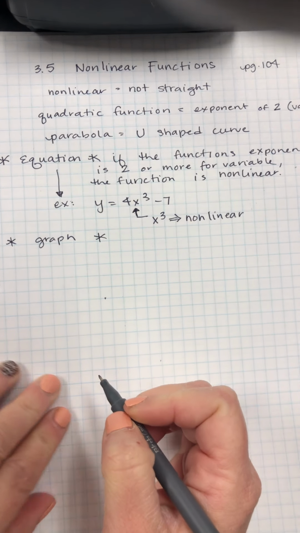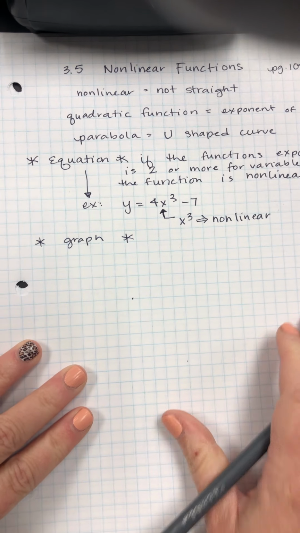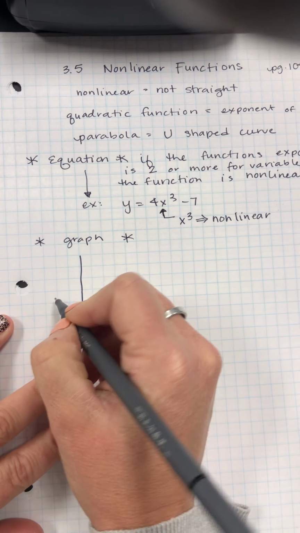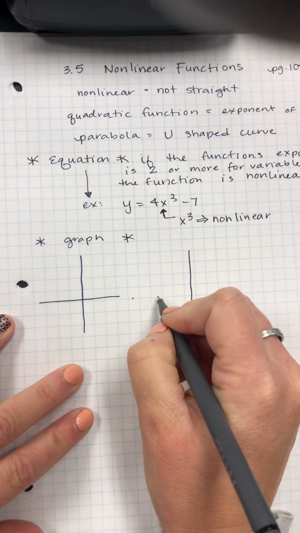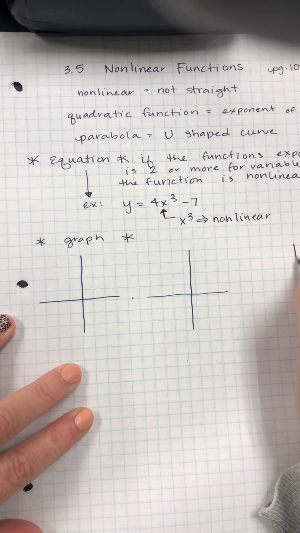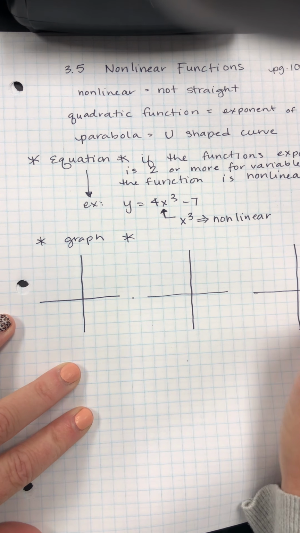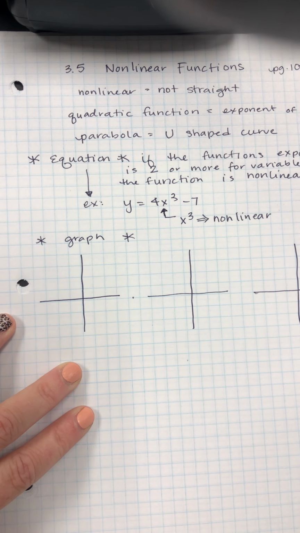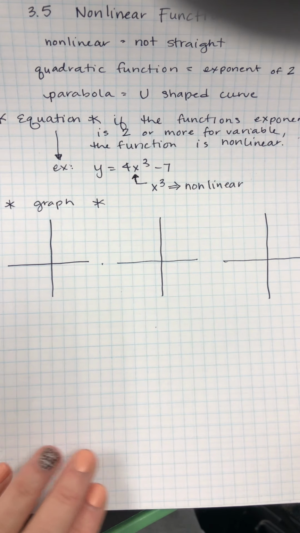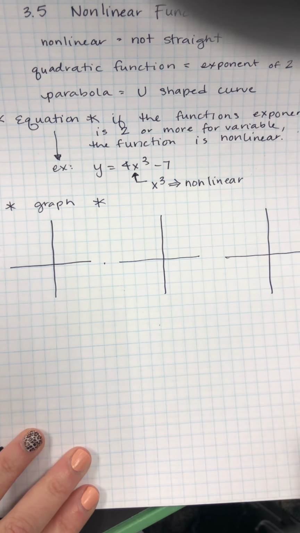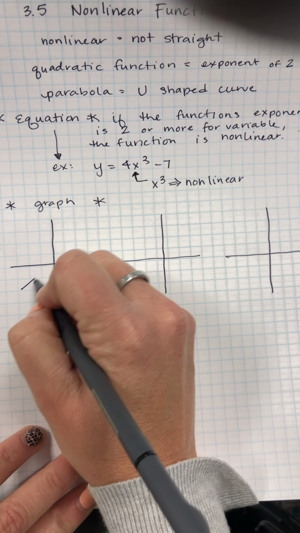If we have a graph, I'm going to draw 3 graphs. For the first one, I'm just going to draw a straight line anywhere through it.